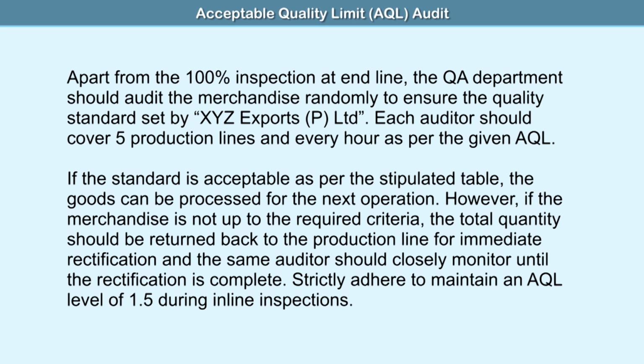However, if the merchandise is not up to the required criteria, total quantity should be returned back to the production line for immediate rectification, and the same auditor should closely monitor until the rectification is complete.